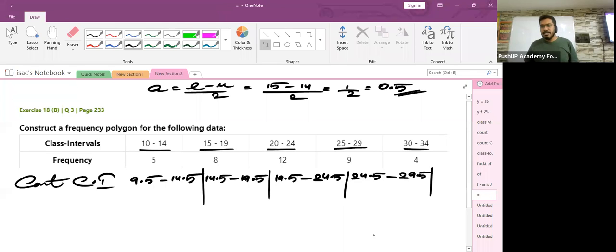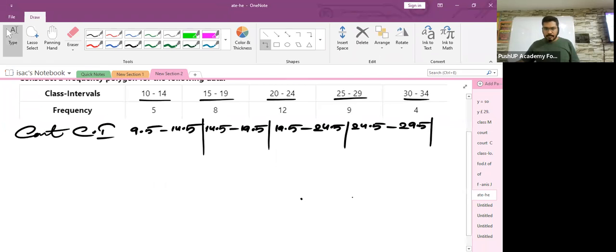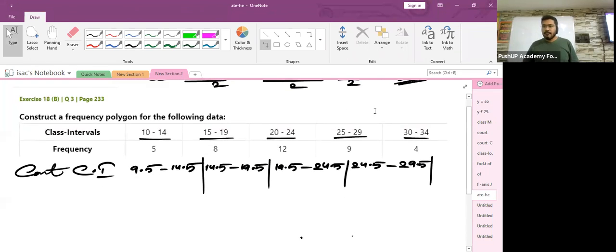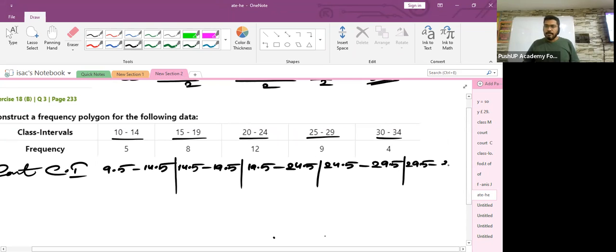Ronia, the last class interval would be? 29.5 to what? 34.5. Excellent. Now, will there be any change in the frequencies? No, children. Same frequencies you will copy paste: 5, 8, 12, 9, and 4.